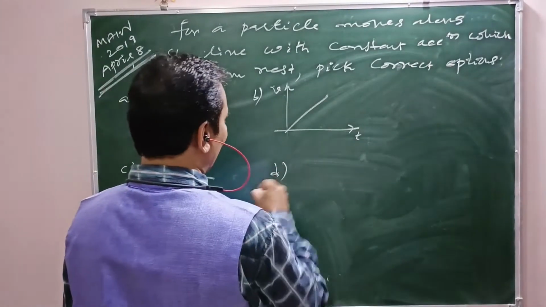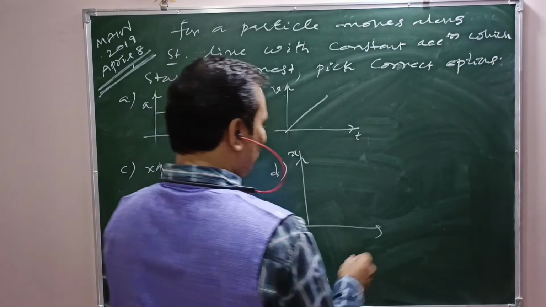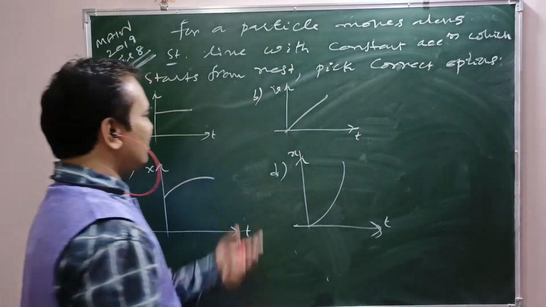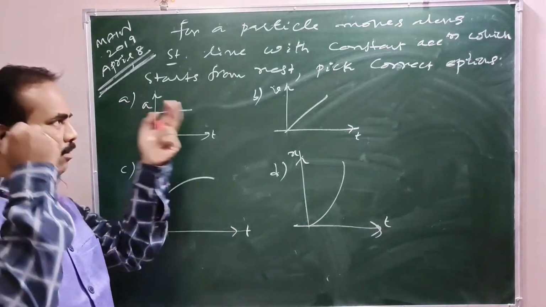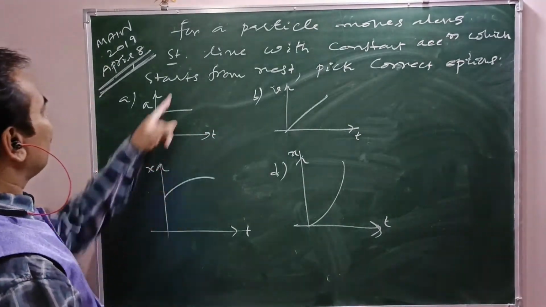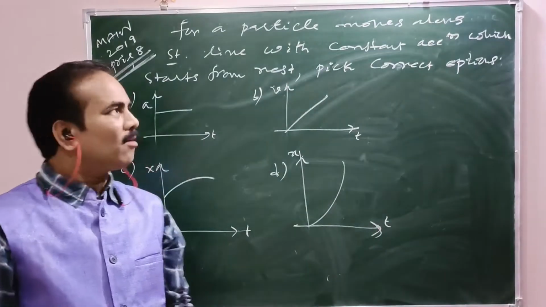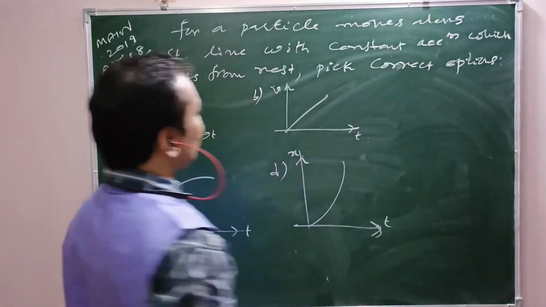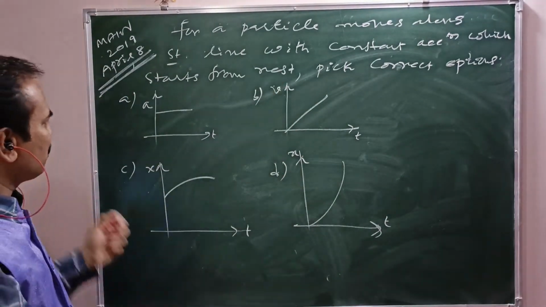Option D, also a position versus time graph. So this is the given question with the 4 options. Among those we have to pick up the correct options. What is the data? The particle starts from rest and moves with constant acceleration along a straight line. For the data, let us see the correct options.